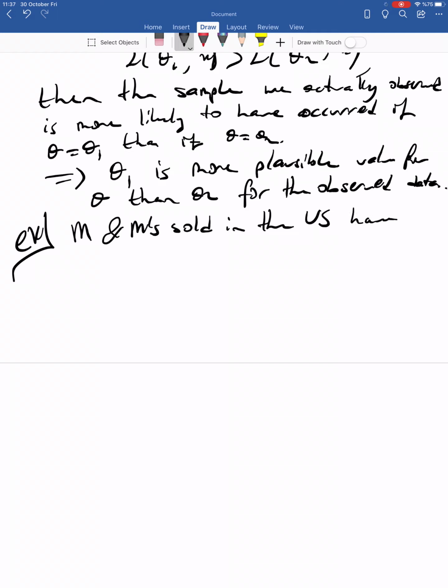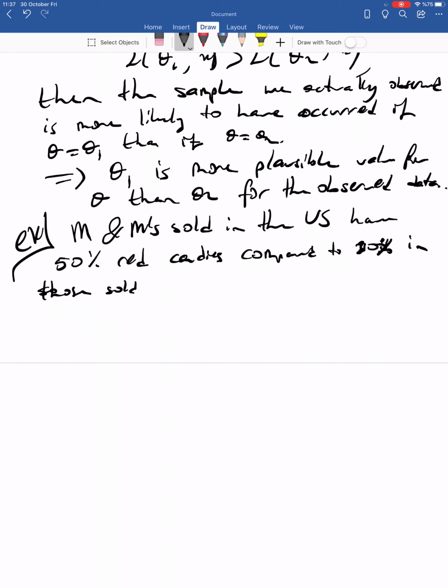M&Ms sold in the US have 50% red candies, compared with 30% for those sold in Canada.